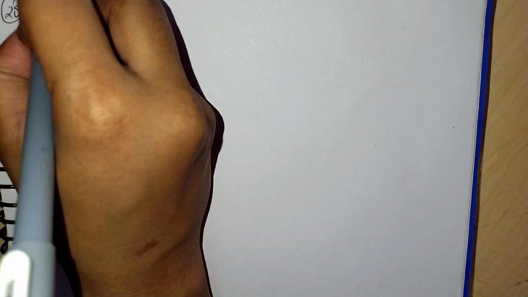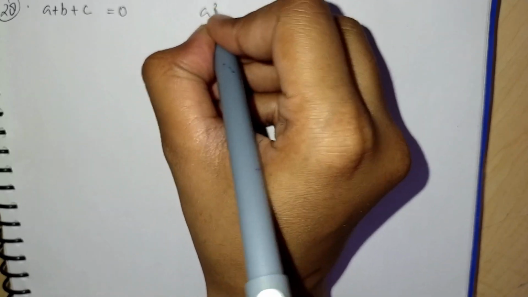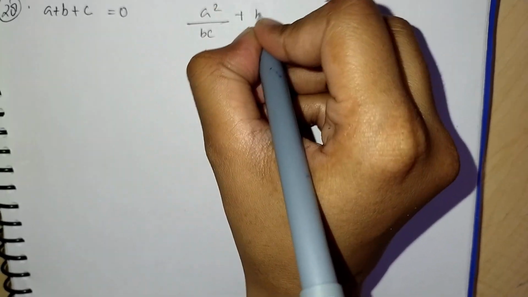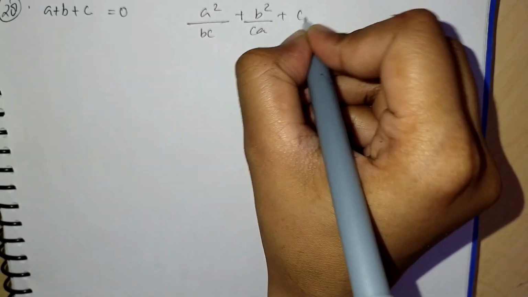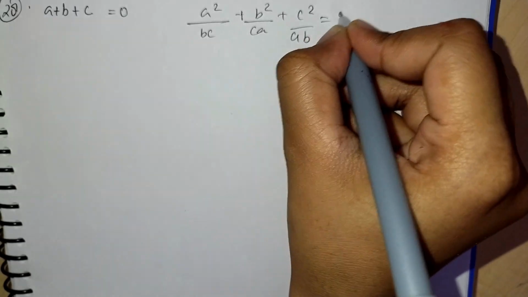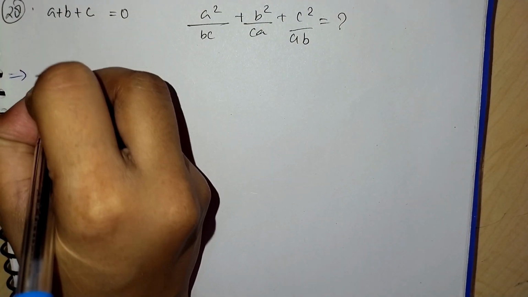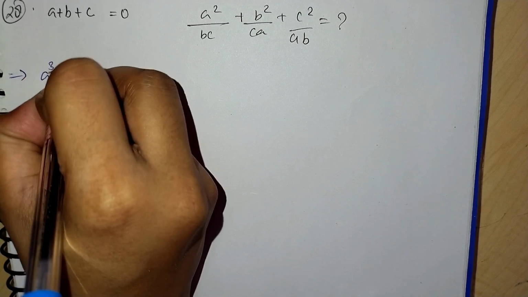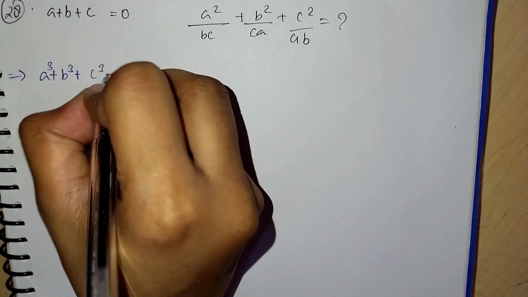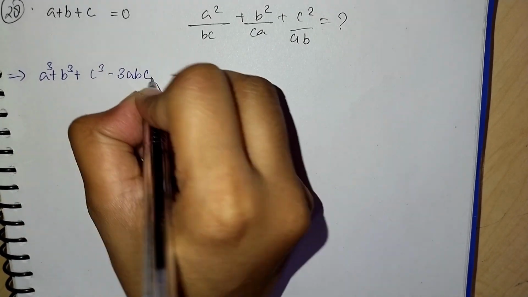Let us solve the 28th question, which says that if a plus b plus c equal to 0, then find the value of a square by bc plus b square by ca plus c square by ab. So let us find it. Here we have a cube plus b cube plus c cube minus 3abc equal to 0.